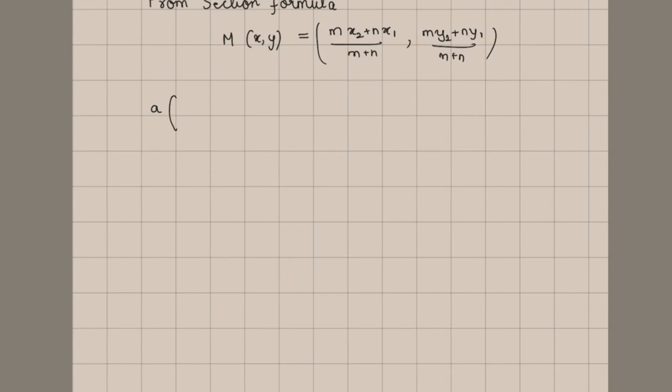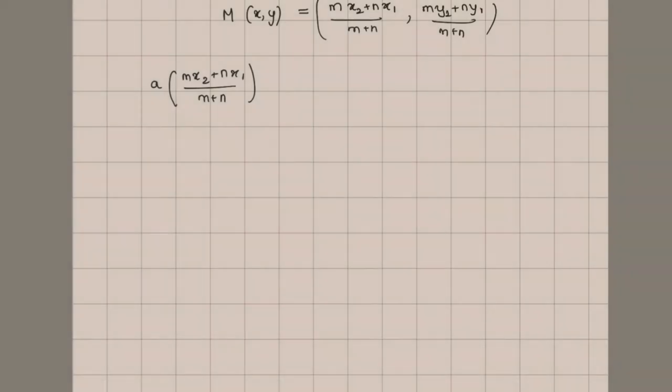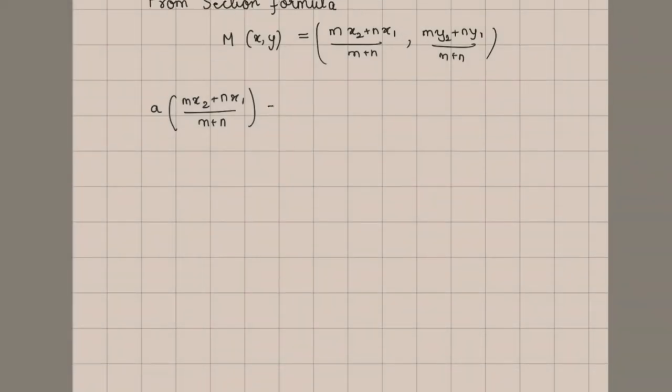A into, what is x here, (mx2 + nx1)/(m + n), plus B into (my2 + ny1)/(m + n), plus C equal to 0.